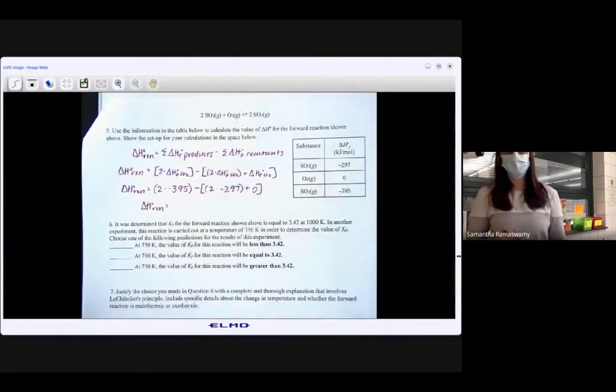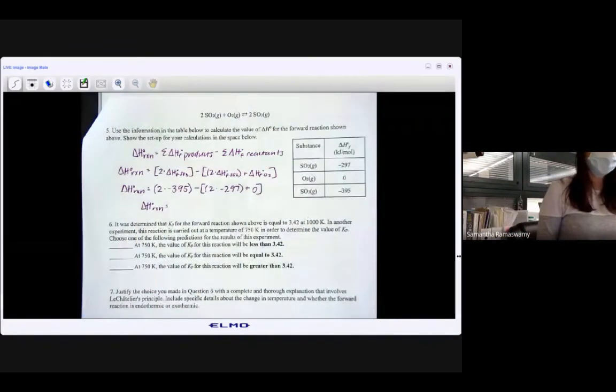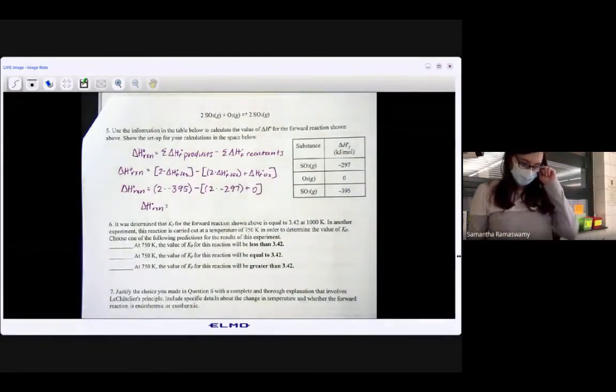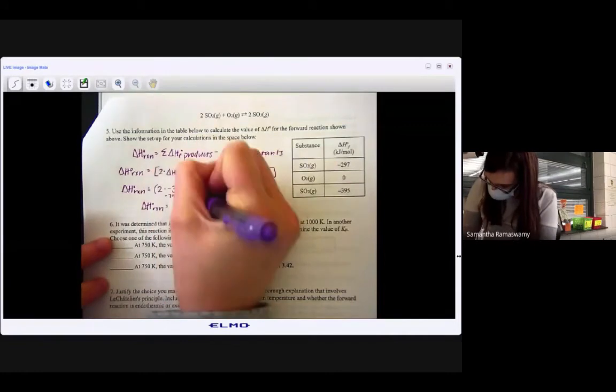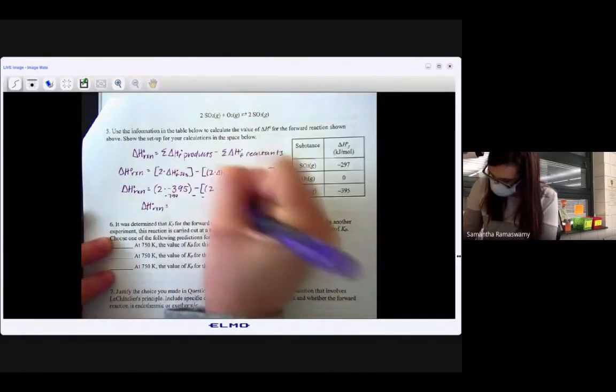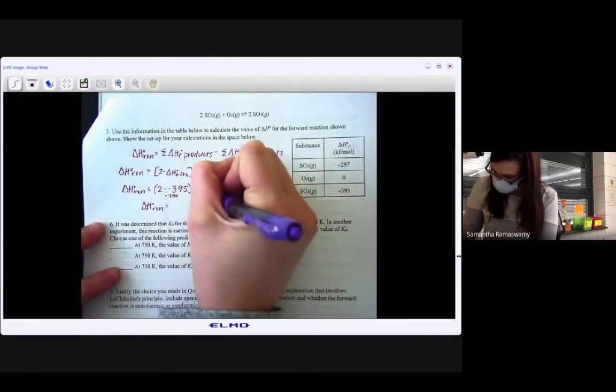So 2 times negative 395, just be careful with your negatives. 2 times negative 395, that's negative 790, minus negative 594.